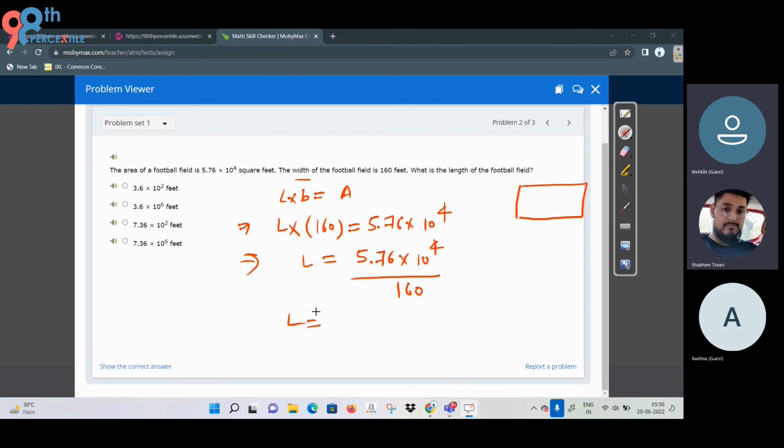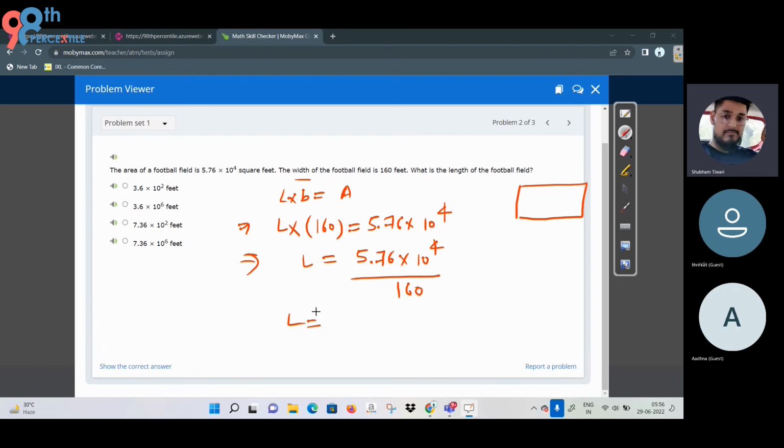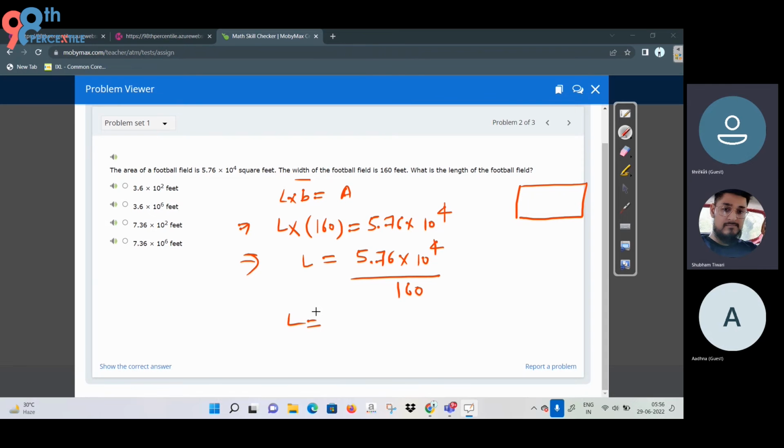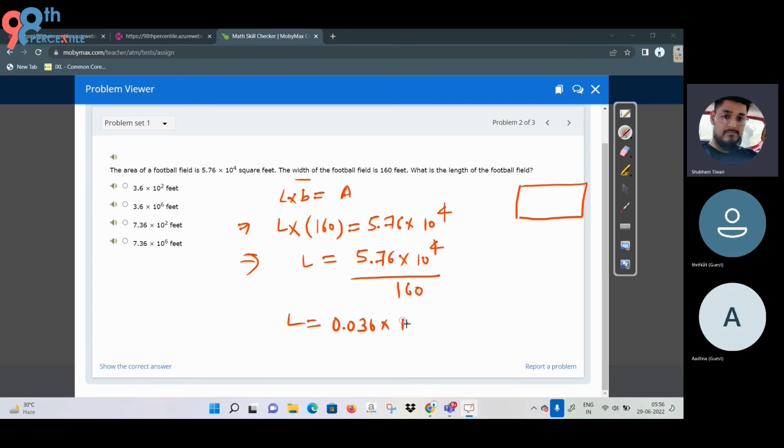Okay, so how much did you get for this? 5.76 divided by 160, you will get 0.036 times 10 to the power 4.